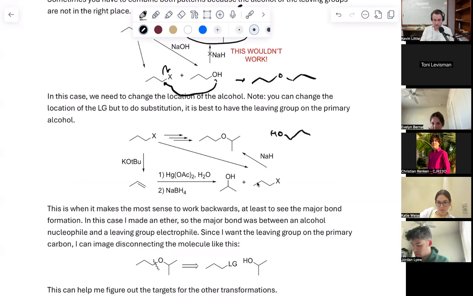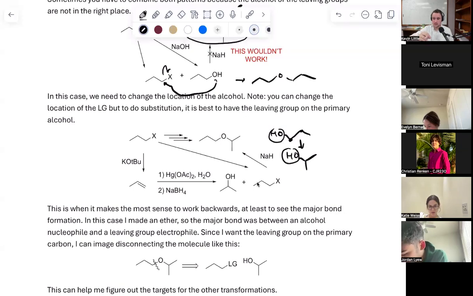When it adds into the alkyl halide, I'd rather it looks like this. That way I can get this piece. So in order to go from here to here, I've got to change the location of that OH. It's no longer on the end carbon, it's now on the middle carbon.